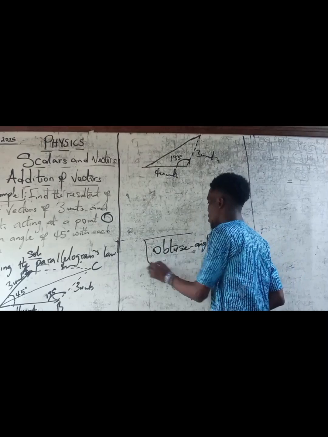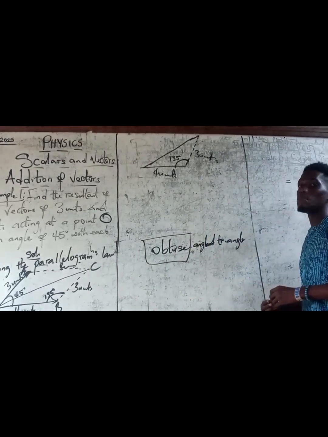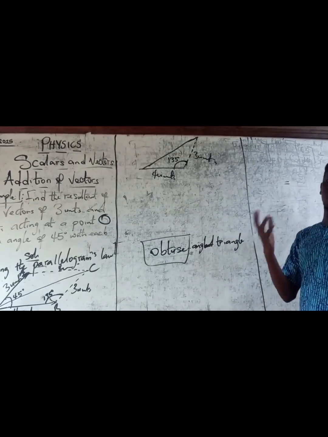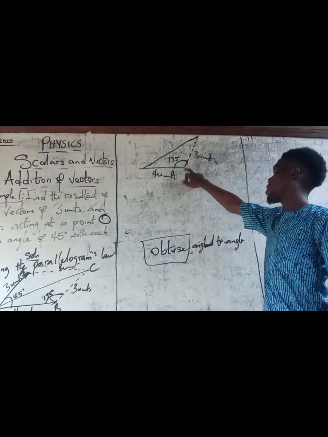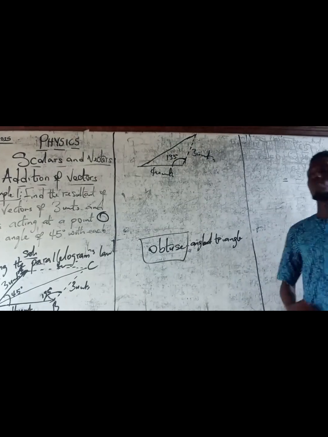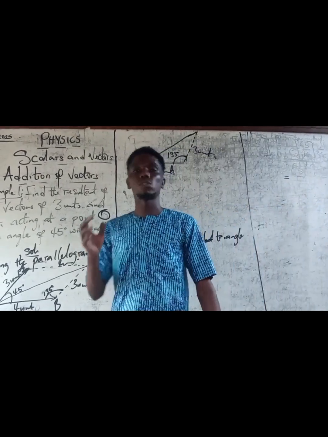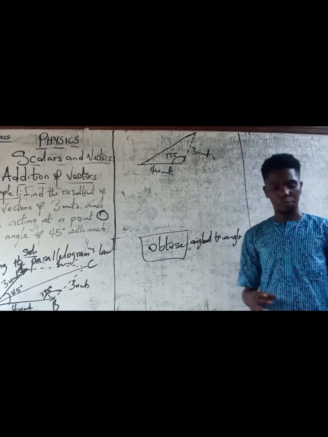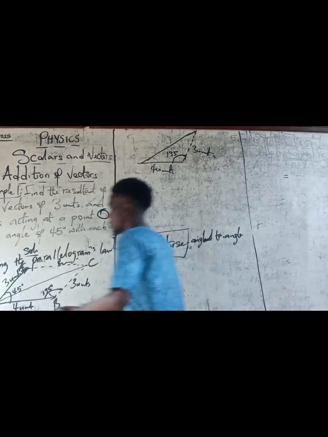Obtuse in the sense that the angle there is more than 90 degrees. Whenever you have an obtuse angle triangle, you either make use of cosine rule or sine rule, depending on the parameters you'll be given. Alright, let's proceed.